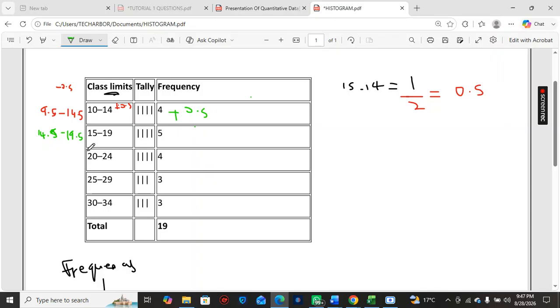Come to the next class. 20 minus 0.5, 19.5. 24 plus 0.5, 24.5. Here, 25 minus 0.5, that is 24.5. 29 plus 0.5, that's 29.5.